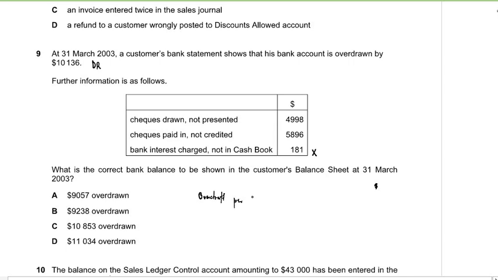Per bank statement, which is 10,136. If I start with an overdraft as per bank statement, I will add my unpresented checks, 4,998.